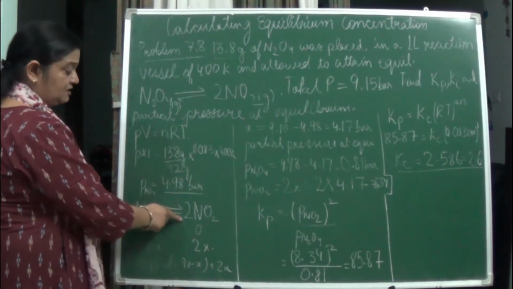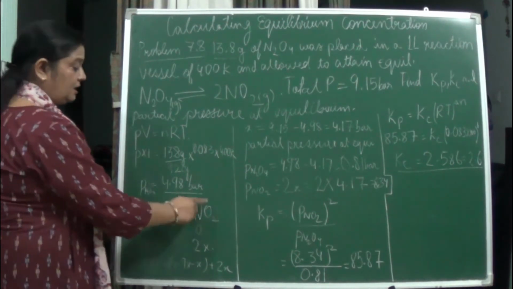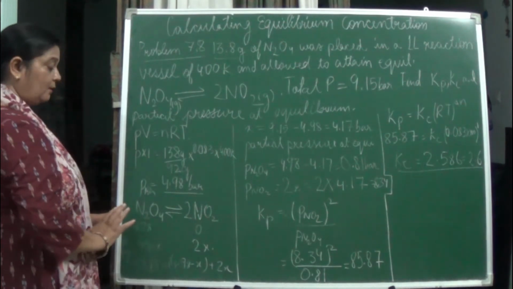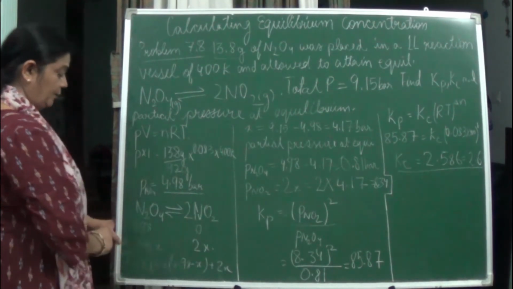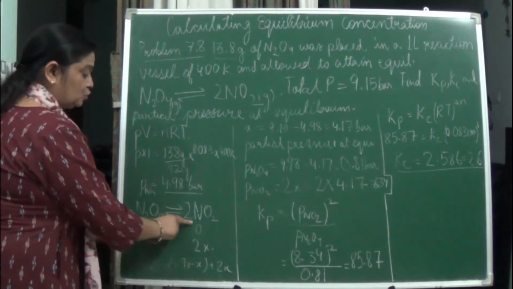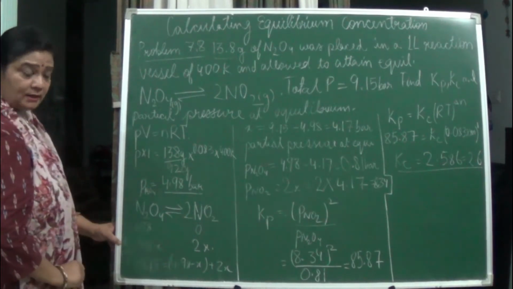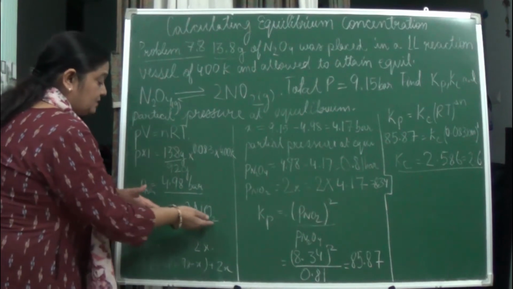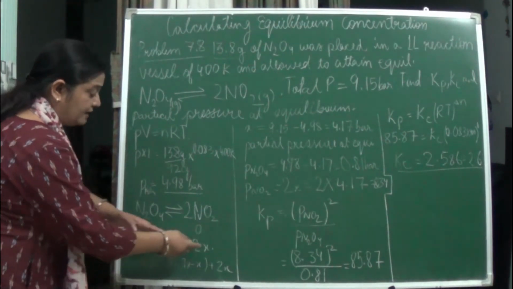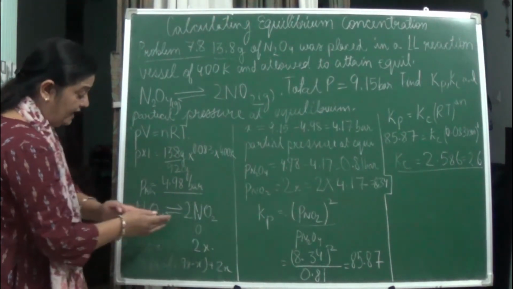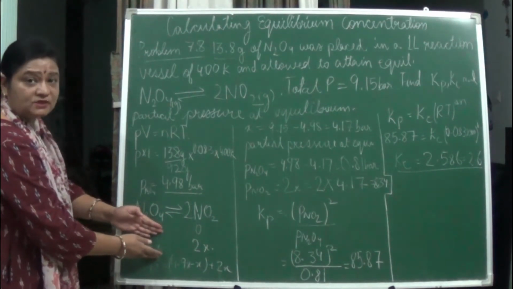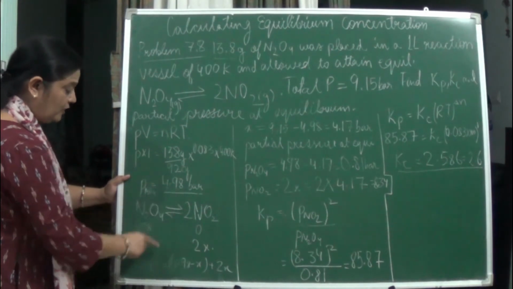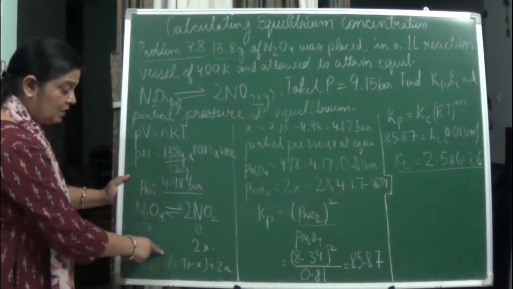As the reaction proceeds to the equilibrium position, we can assume x amount is formed, and as it is 2 moles, we will write 2x. That much portion x will be subtracted on the left hand side, so this becomes 4.98 minus x.